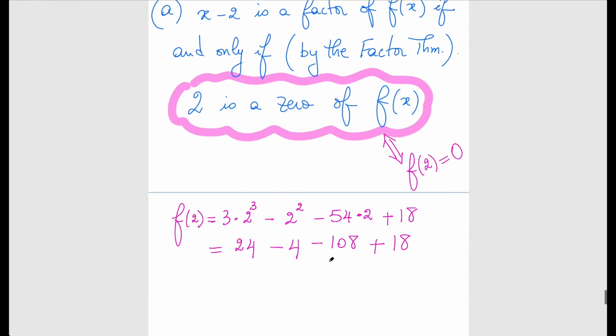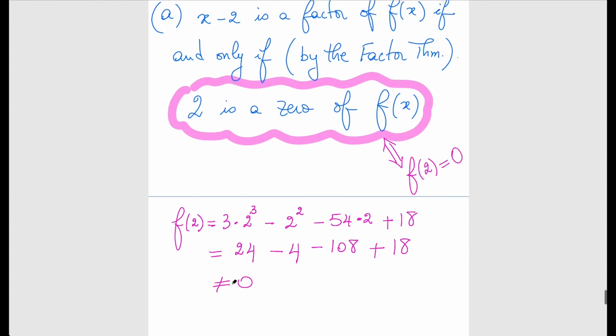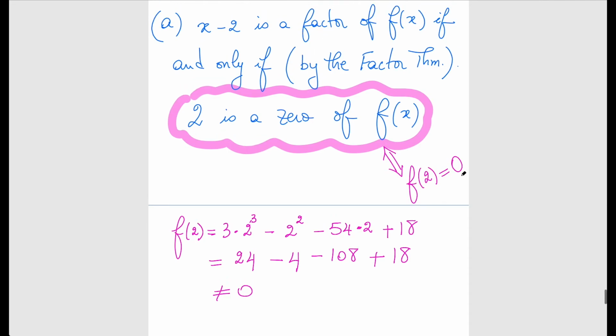Is this 0? I mean, we don't need to do it because it's clearly not 0. Minus 108 minus 4, this is negative 112, and 24 plus 18 is certainly not 112. So certainly this is not 0, and as such, 2 is not a 0 or a root of f of x, and hence x minus 2 is not going to be a factor of the function f of x, because f of 2 is not 0.